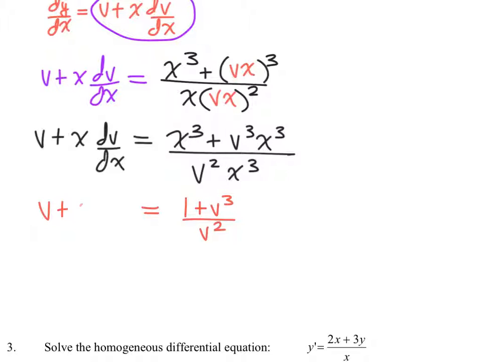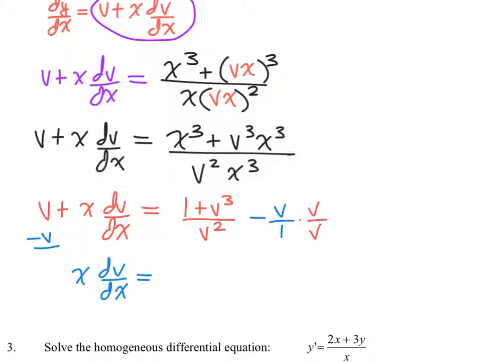So v plus x dv dx would give us that. If I subtract off the v, I get x dv dx is equal to, I just need to get a common denominator. So multiply top and bottom by v squared.